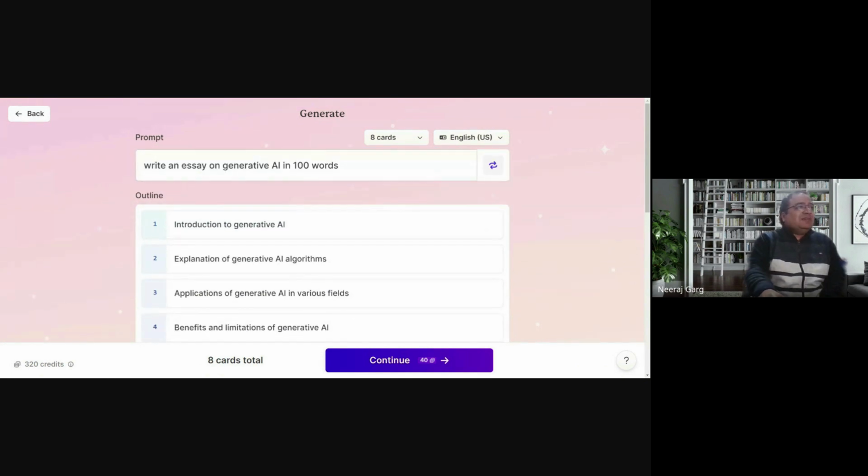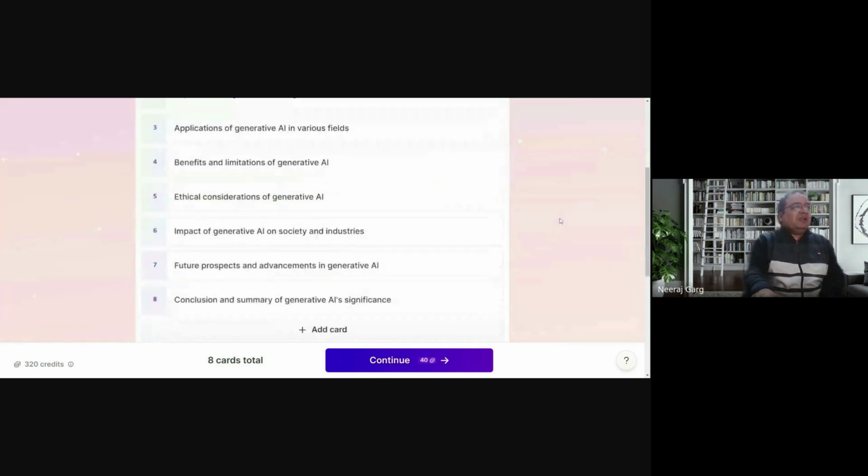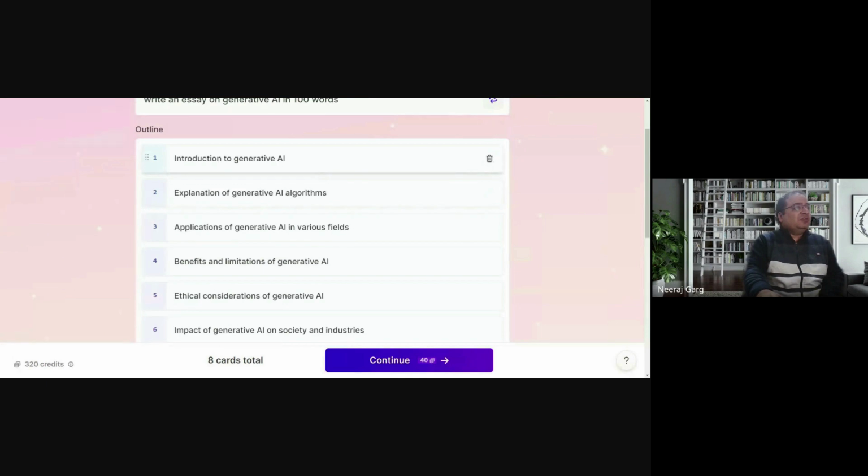This is a prompt given by a user like me. Now how is it getting translated into a generative AI task, how is the foundation model fulfilling this task? The foundation model is sending some response, which is this introduction to generative AI and so on.